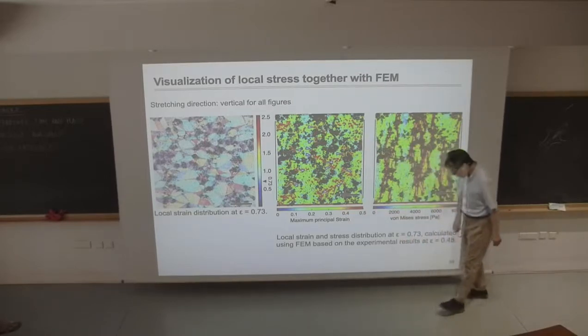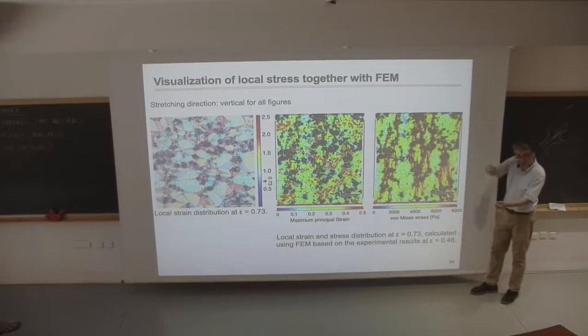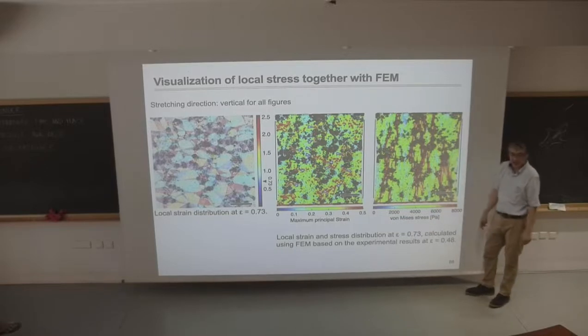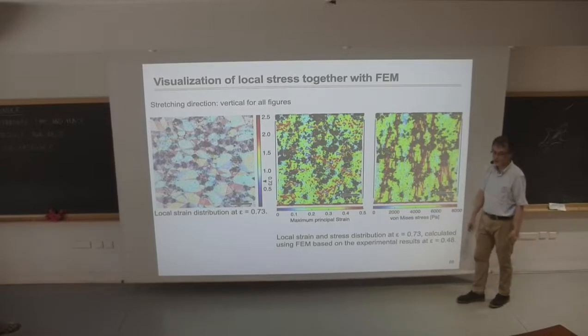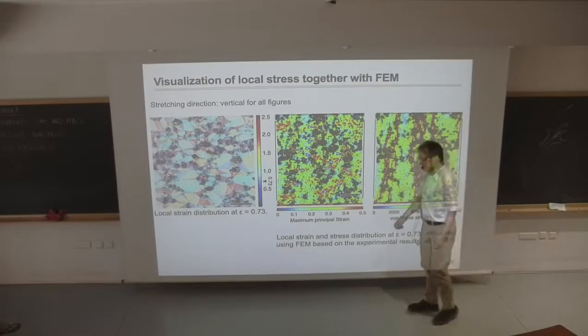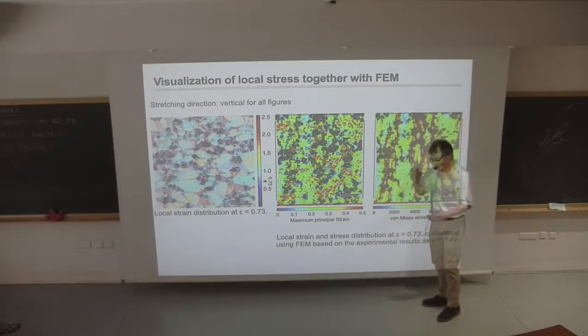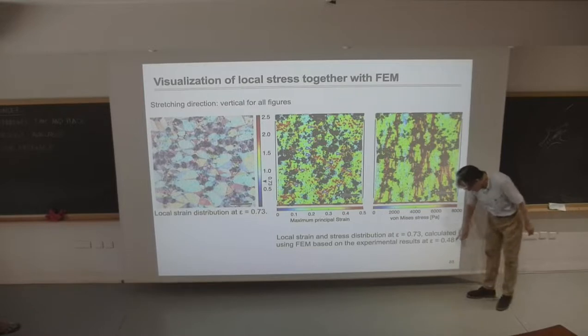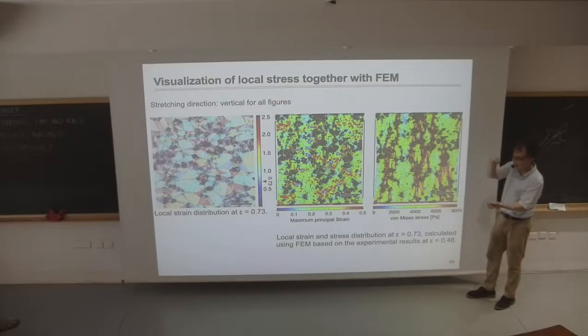He tried to stretch the sample from 0 to 0.73, but it didn't work. It's a mess. The finite element analysis you can apply for just small strain. So it ended up with the starting point of 0.48, so the difference is about 0.25 or so, right?